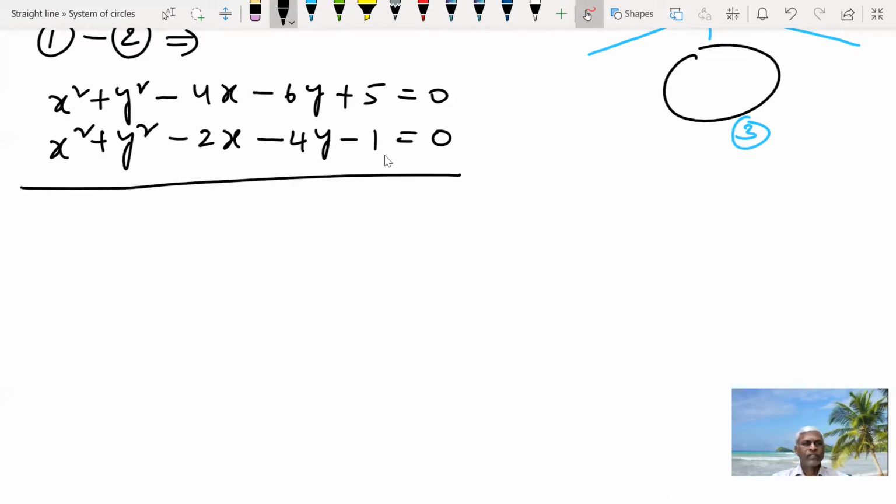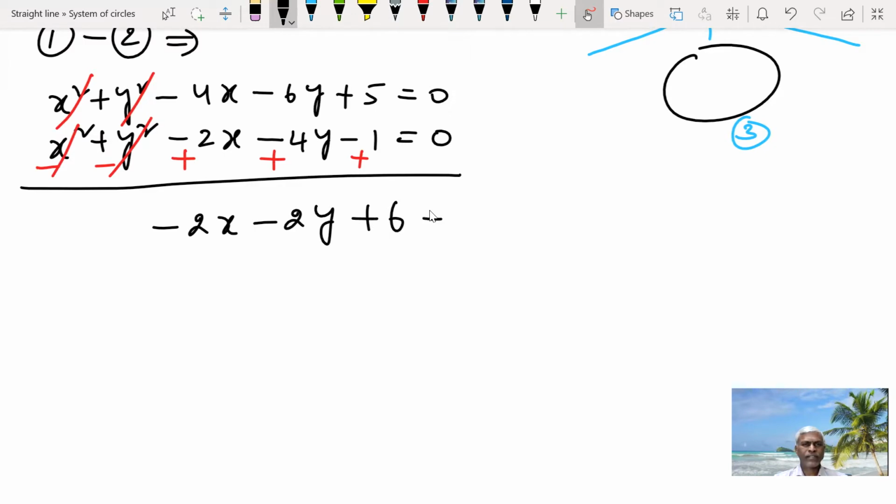So in this way you can subtract. Sign will change. X square and y square will get cancelled. Minus 4 plus 2 minus 2x, minus 6 plus 4 minus 2y, 5 plus 1 plus 6.